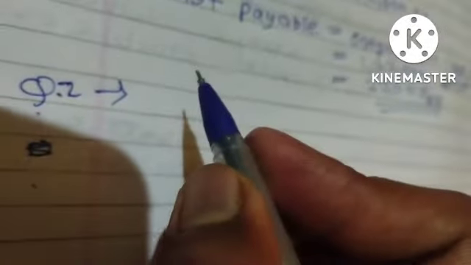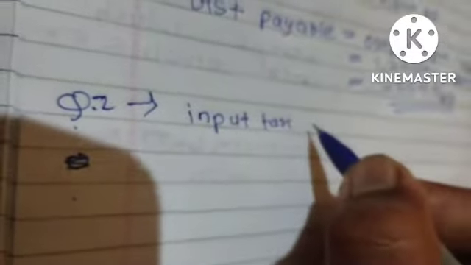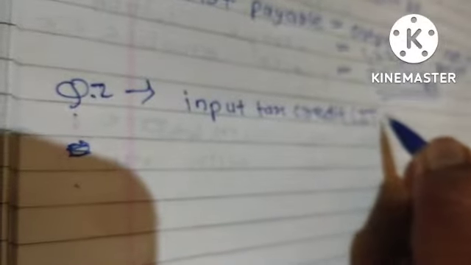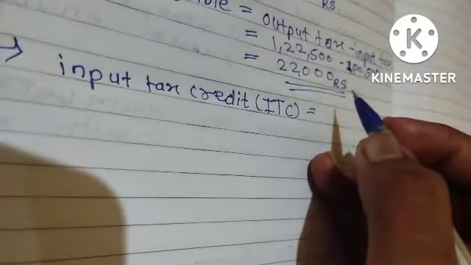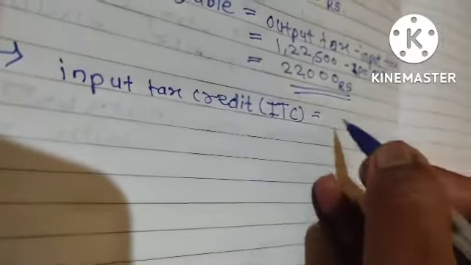First of all, write what is given in the question. Input tax credit, ITC, is equal to 12,500.